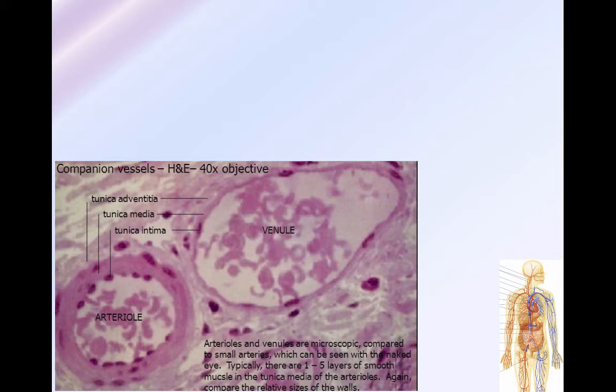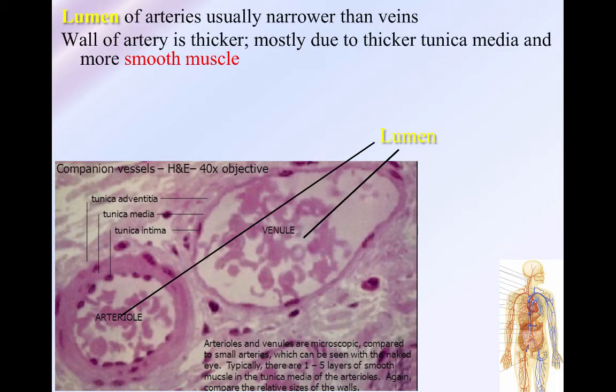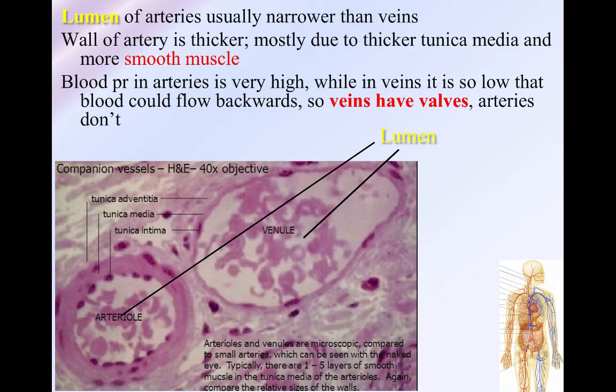The other thing you notice is that the lumen of the venule is considerably bigger, even though they are companion vessels. And as the pressure drops, it's harder for blood to flow through a tube. And so by increasing the diameter, we ensure that blood flow will continue. And so again, there you can see the difference in the size of the lumen, and you can also see the difference in the size of the wall.